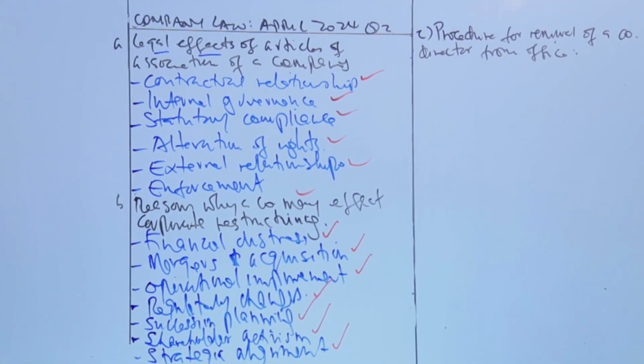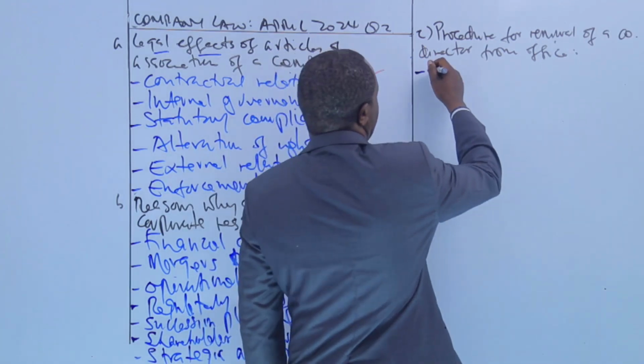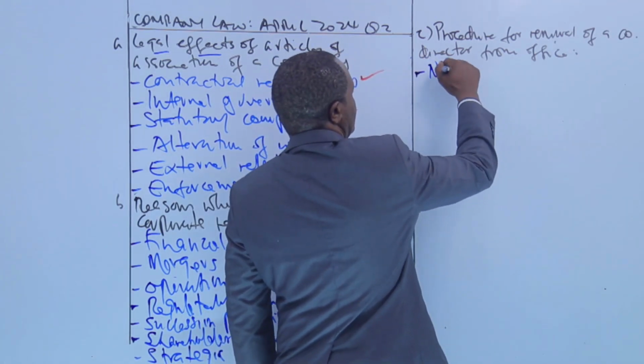The case says an ordinary resolution is to be passed to remove the director. Good. So it has to begin with notice. You are right, candidates. Notice.